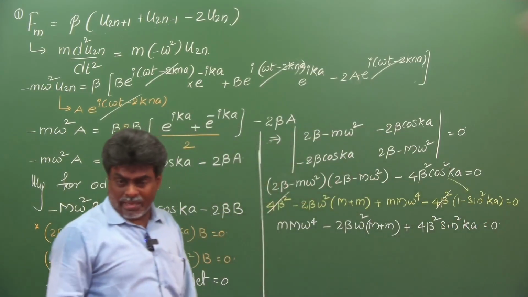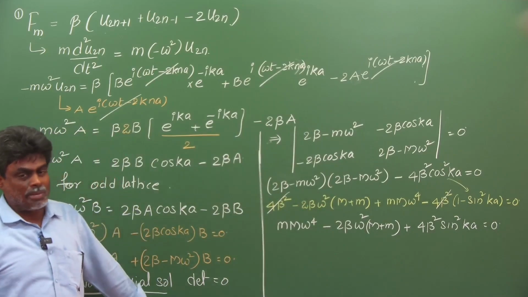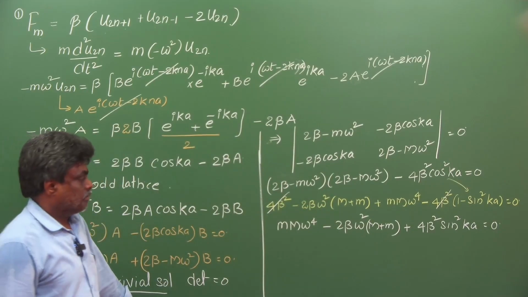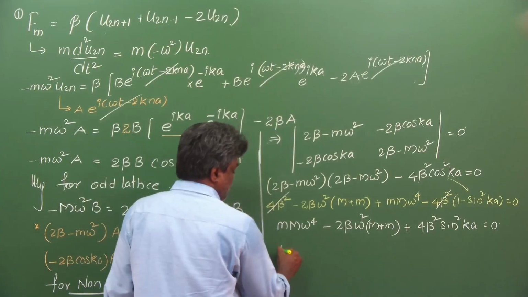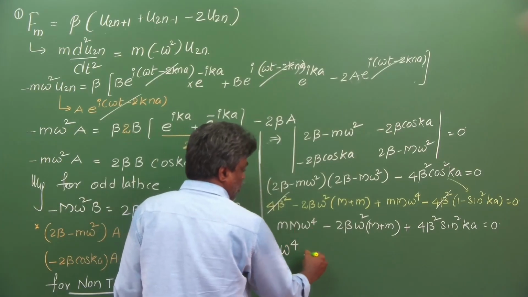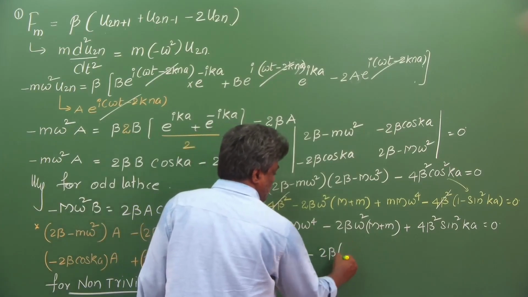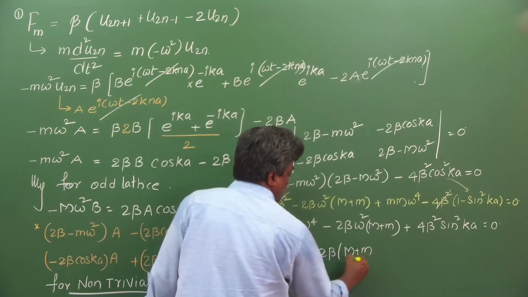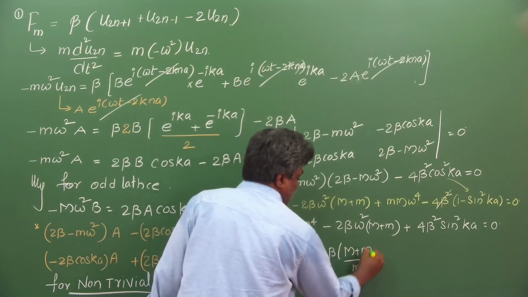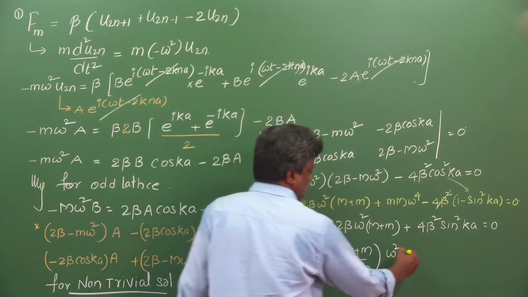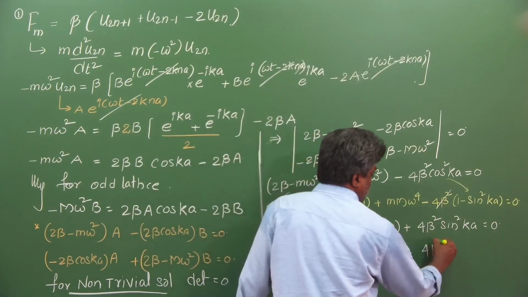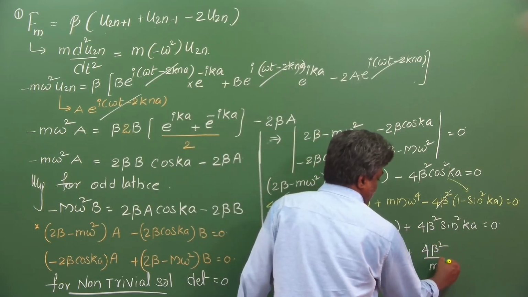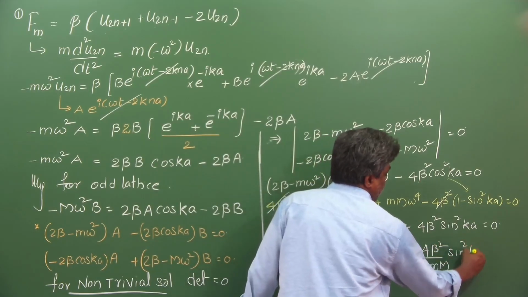All of you got this? Now divide with small m capital M. Omega power 4 minus 2 beta capital M plus small m by small m capital M omega square plus 4 beta square by small m capital M sin square Ka.